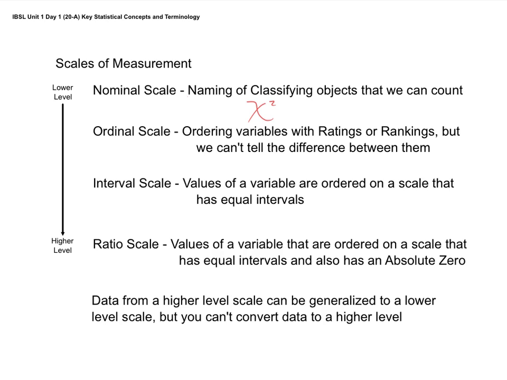Moving up from that, we have ordinal scale, ordering values. Anytime we're rating something, and then taking those ratings and putting those things in order, okay? Think about the Olympics that we just saw, the events that are judged. For example, the gymnastics or whatever, they get a particular score, but then they're placed in a rank, okay?